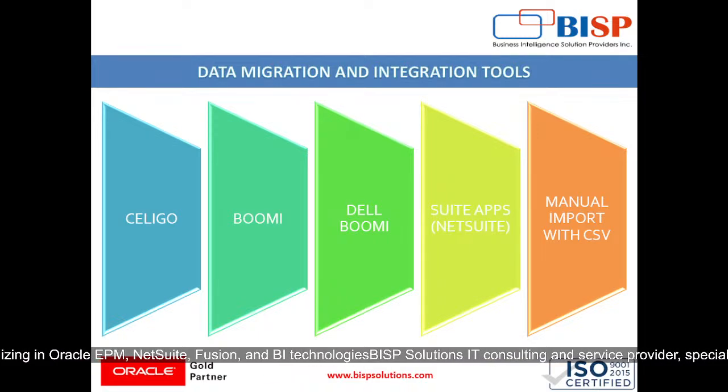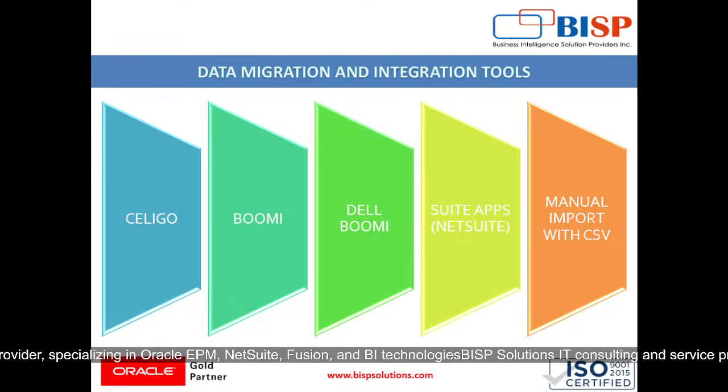Then SuiteApps, a marketplace in NetSuite for pre-built migration tools. And lastly, manual import with CSV: exporting QuickBooks data through CSV files and importing them into NetSuite using the CSV import assistant.